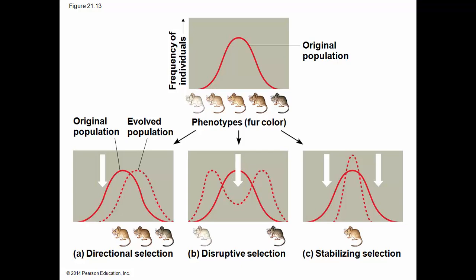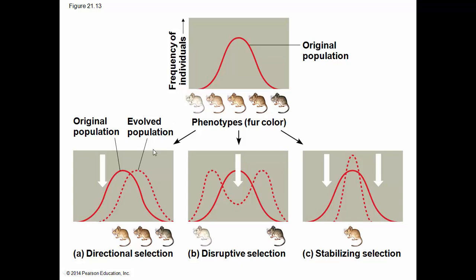Here is your population, and we'll say that it has a general phenotype which favors the intermediate phase between light-colored and dark-colored. This is going to be our original population.